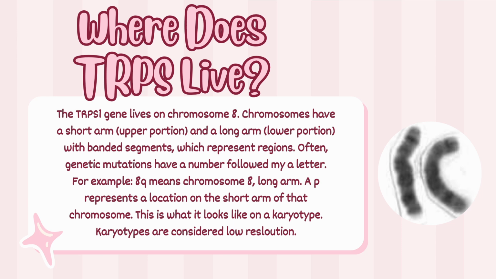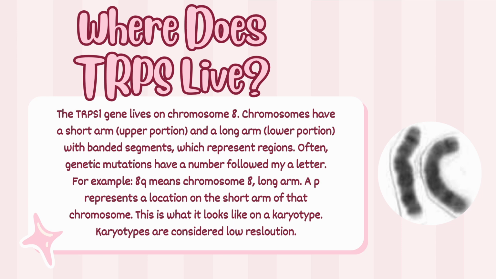So for example, my mutation is 8q23.3. 8q is the long arm, so it's located on the long arm of chromosome 8, and 23.3 is the fat banded segment toward the bottom.